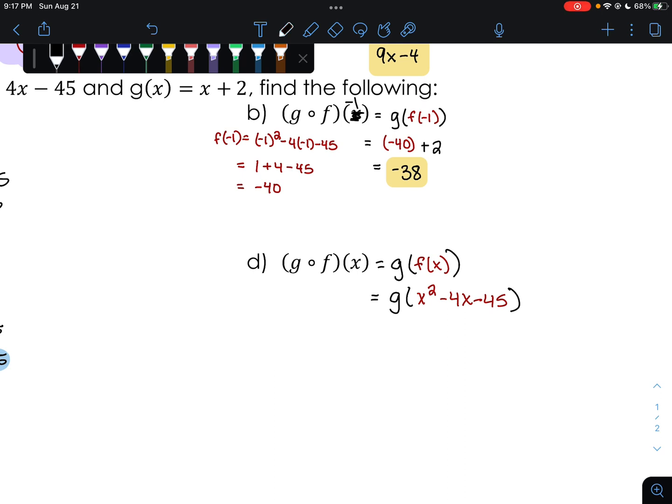So anywhere there's an x, we're going to replace it with that, which is the very first term. So we get x squared minus 4x minus 45, and then plus 2. We combine our like terms. That gives us x squared minus 4x minus 43.